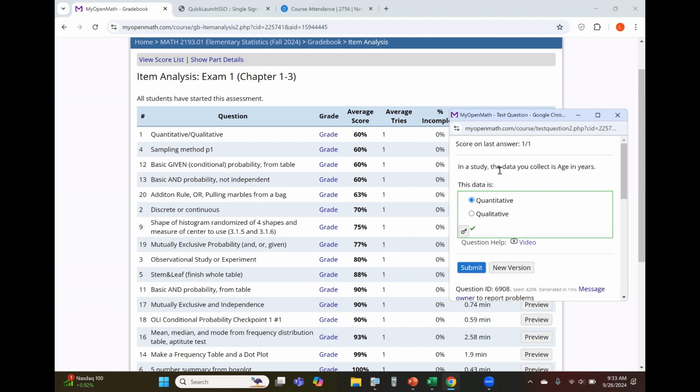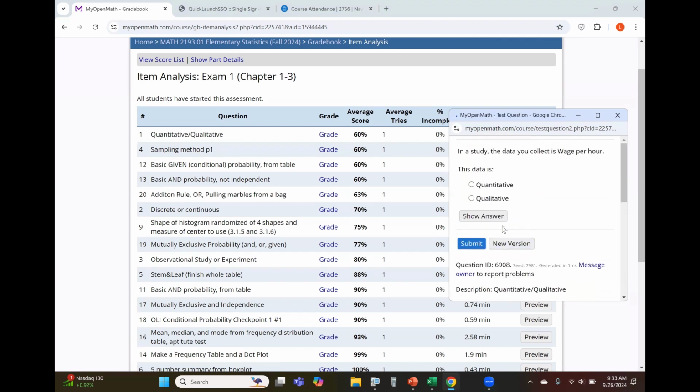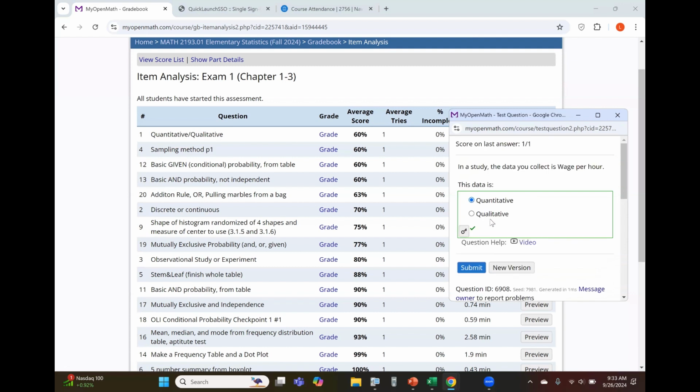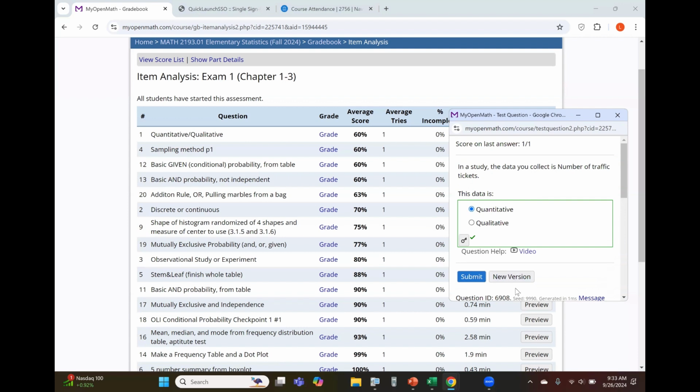There was one other one. You collect a wage per hour. That's obviously quantitative. Number of traffic. Well, number, that's not even a question. That is quantitative.